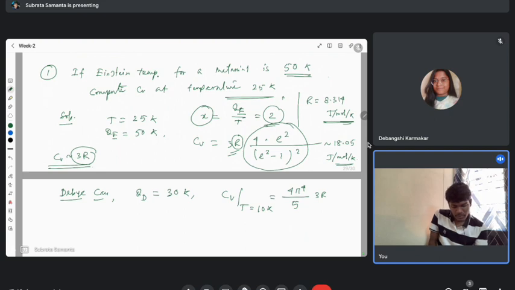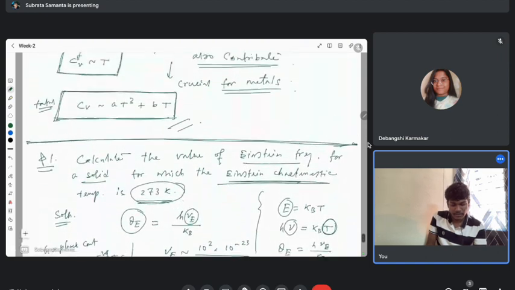In this case, theta D is the characteristic temperature, and we are using the limit where T is small compared to theta D, because T is 10 Kelvin and theta D is 300 Kelvin. Then we can use this result.